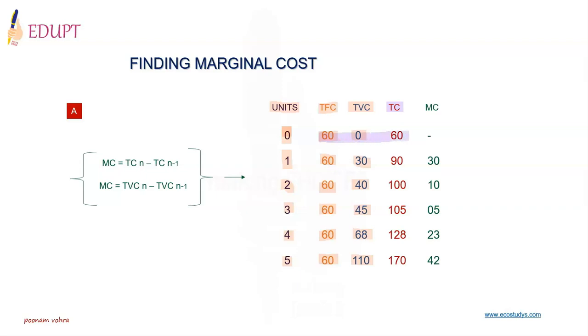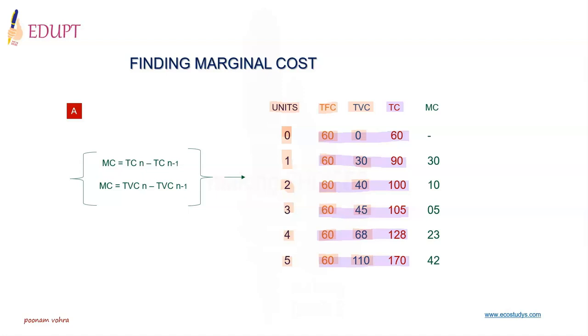It is 60 when 0 units are produced, 90 when 1 unit is produced, 100 when 2 units are produced, 105 when 3 units are produced, 128 when 4 units are produced, and 170 when 5 units are produced.